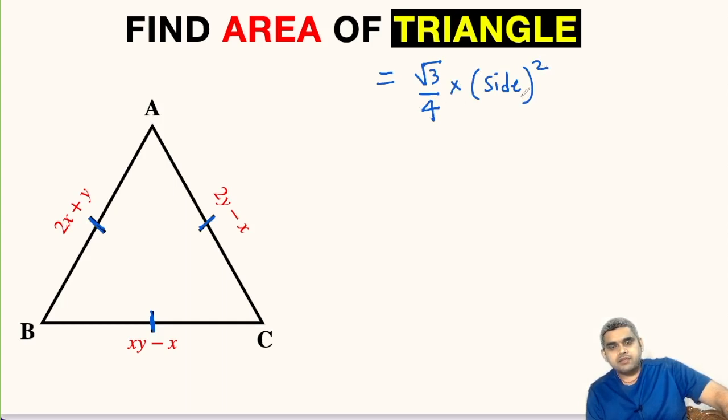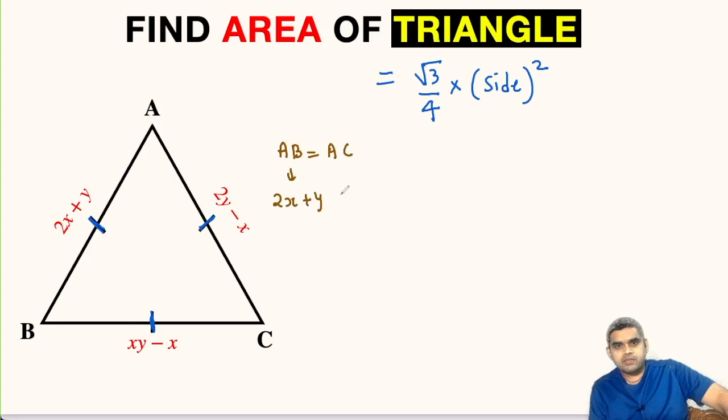Side is not given to us, so for that we need to compute the values of x and y. Since all the sides are equal, we can write AB equal to AC. So we can substitute the value of AB as 2x plus y, equal to AC as 2y minus x.